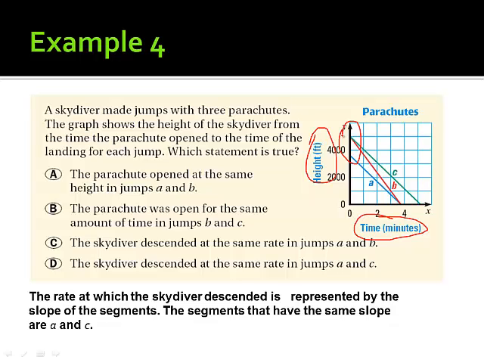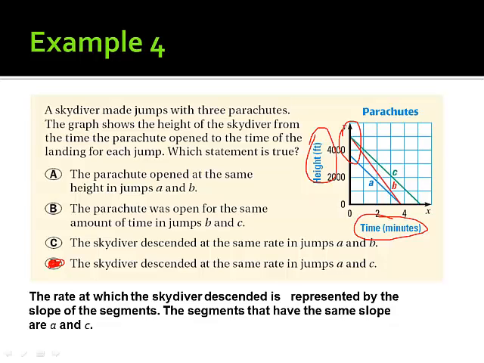You'd have to actually prove that using the slope theorem, but we can visualize and say, okay, these look like they're parallel. So I would say that the skydiver descended at the same rate in jumps A and C because the slopes are comparable.